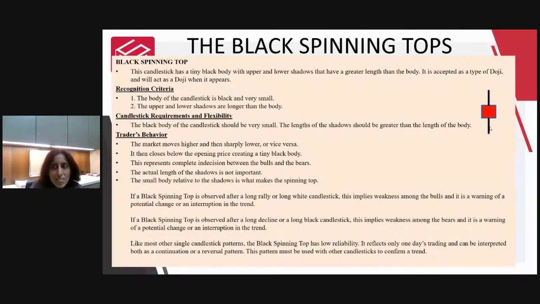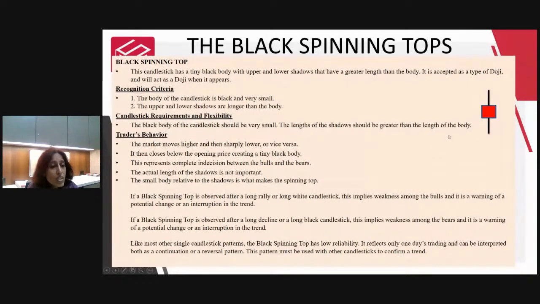In this case, the trading pattern is that the market moves higher and then sharply lower, or vice versa, and then closes below the opening price, thereby creating a tiny black or tiny red body. Again, it shows complete indecisiveness between the bulls and the bears. The small body relative to the shadows is what makes the spinning tops.